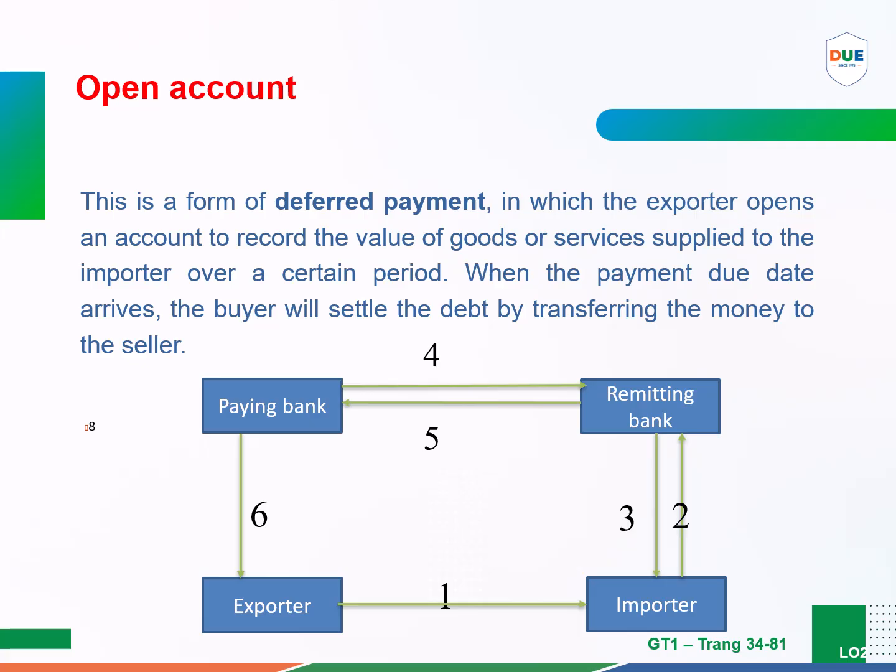The buyer's bank transfers the payment to the seller's bank, which then credits the seller's account, completing the payment process. The open account method is simple, low cost, and convenient for payment, but it carries a risk for the seller because it largely depends on the buyer's creditworthiness and ability to pay. Therefore, this method is usually applied in long-term, trusted business relationships, such as between parent and subsidiary companies or between established partners in the international market.